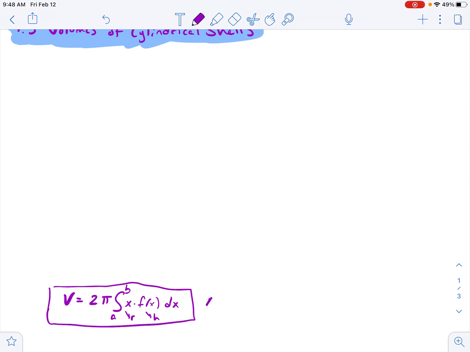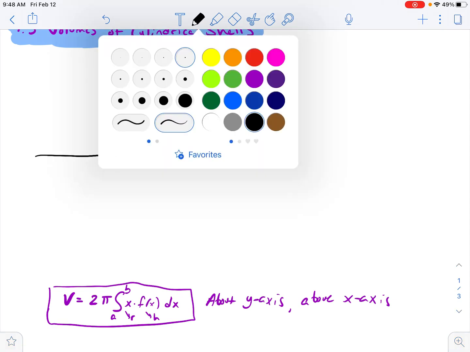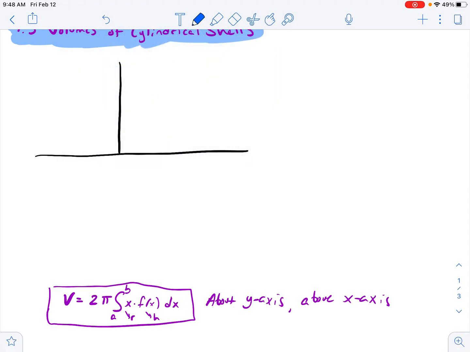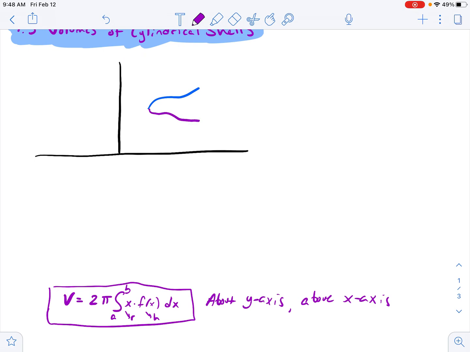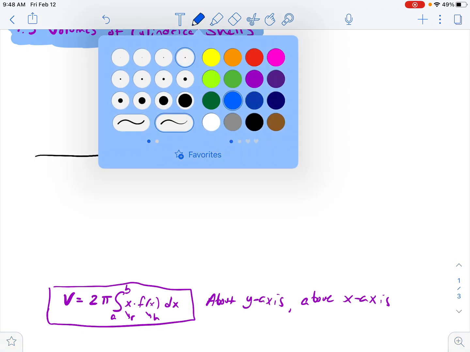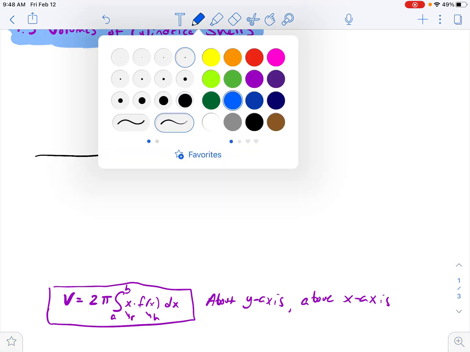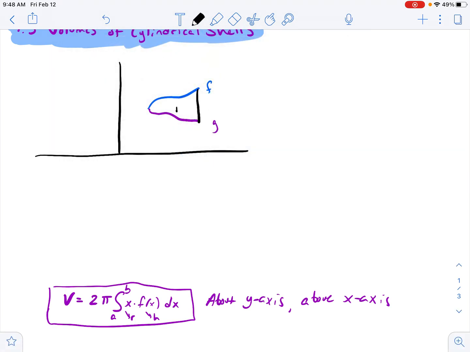Again, this is about y-axis rotation and above the x-axis. But what if I have a more arbitrary region? So let me draw something like this. Maybe here's this f function, and here below it is this g function. That's creating some region on some interval.